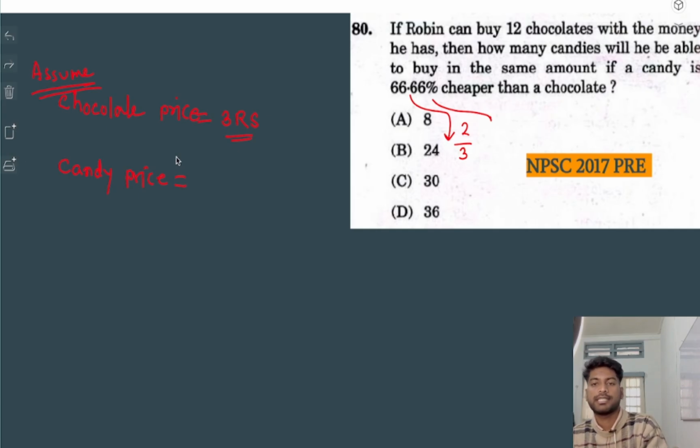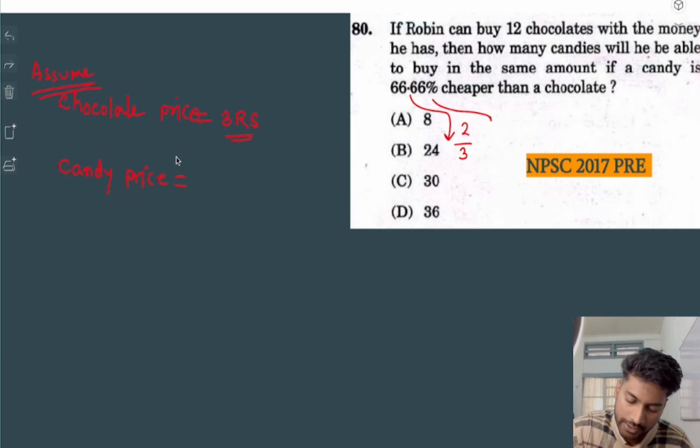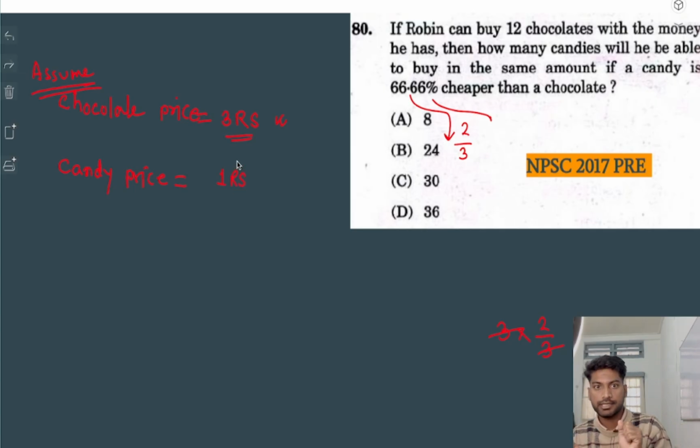Suppose the chocolate was 3 rupees, 2/3 cheaper means 2 rupees cheaper. Don't write candy price as 2 rupees. It is 2 rupees cheaper than the chocolate. The chocolate price was 3 rupees, so the candy price will be 1 rupee, because they are saying 2/3 cheaper, not 2 rupees. Got it? So candy price is 1 rupee.